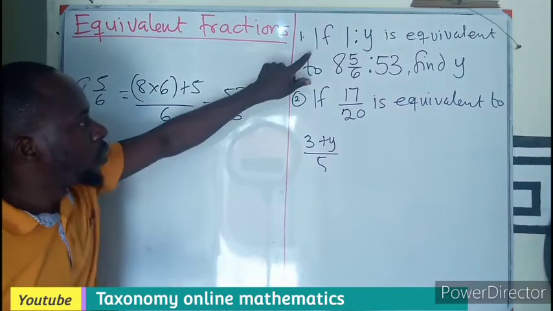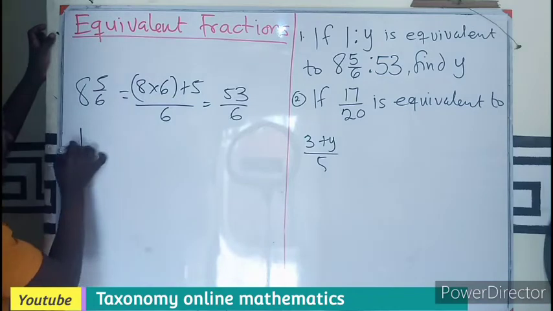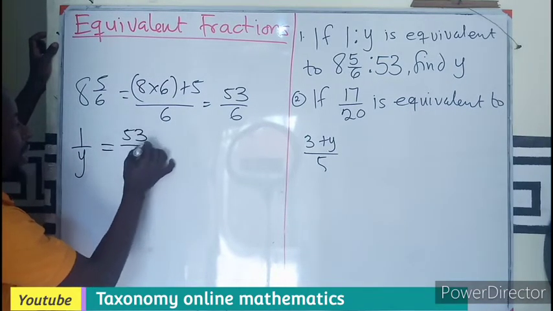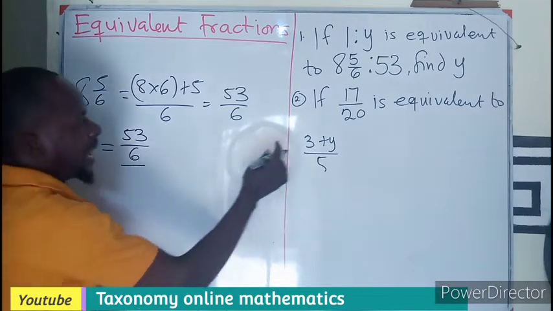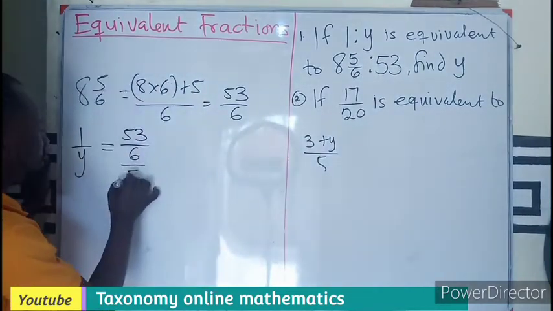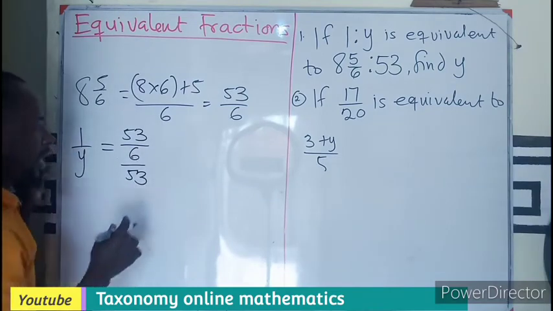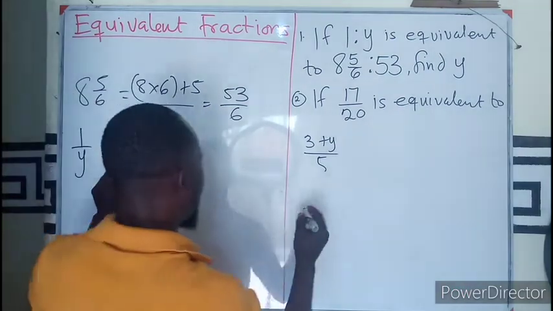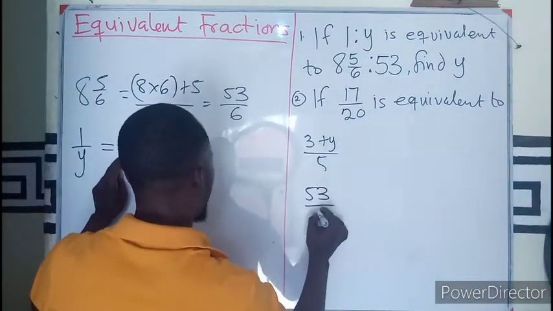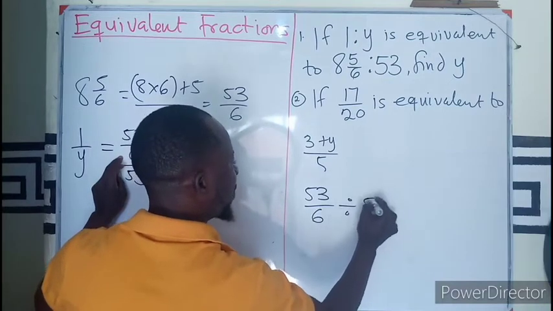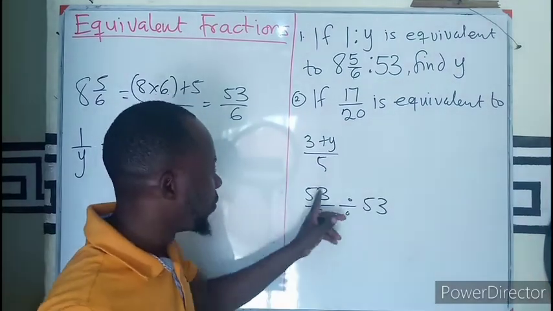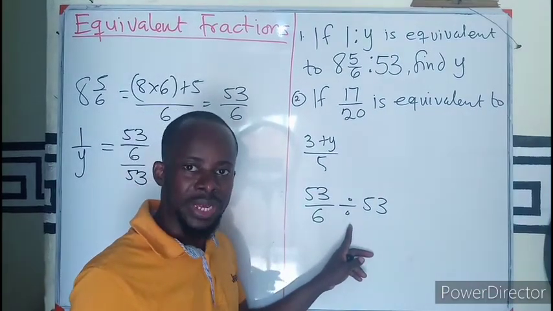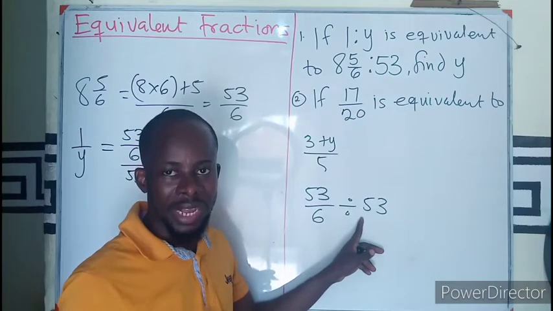So per the question, we'll be having 1 over y equals 53 over 6 divided by 53, which is a fraction with a double division. If you are dividing, we can change this to multiplication and the divisor will be reciprocated.